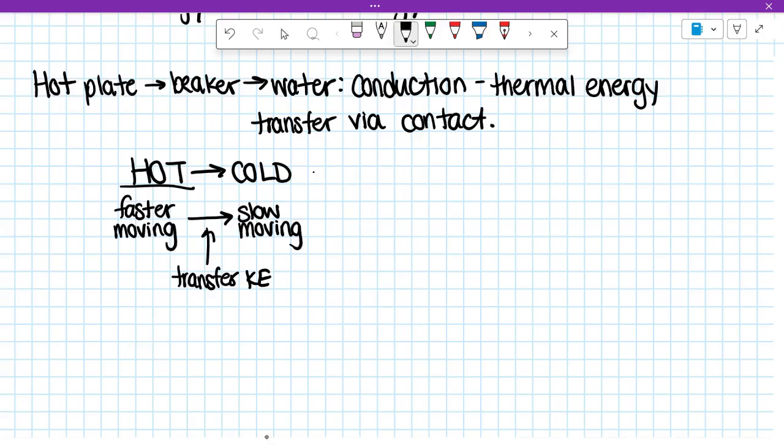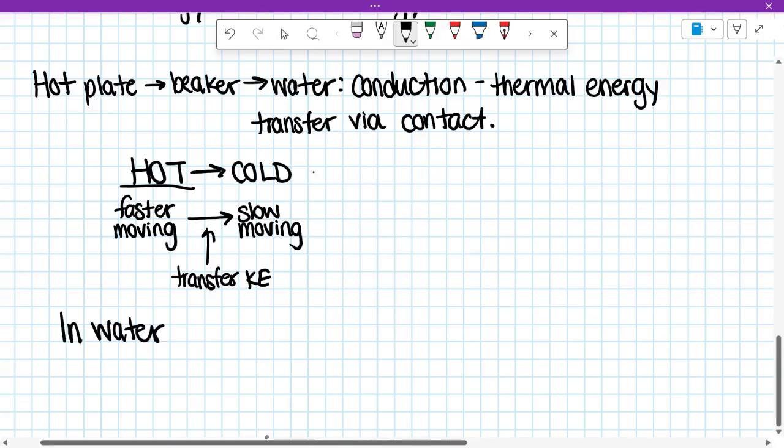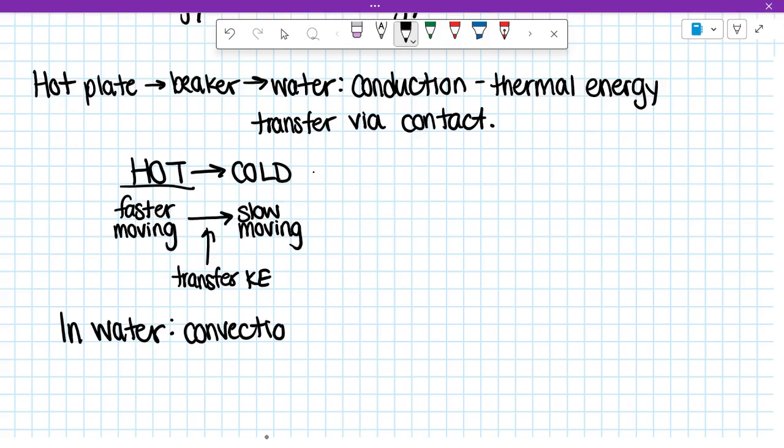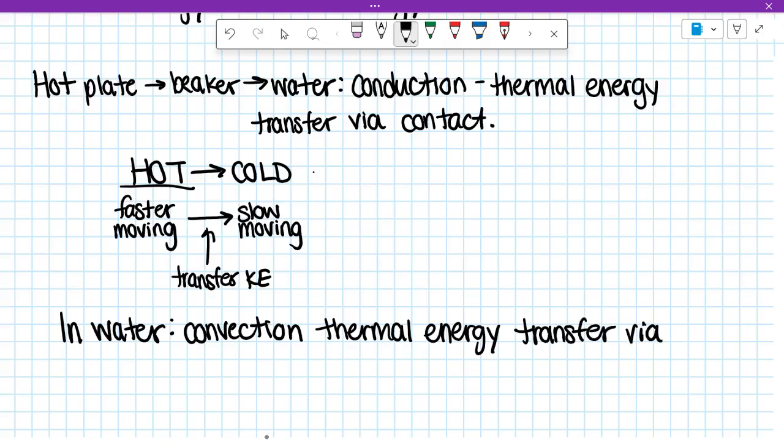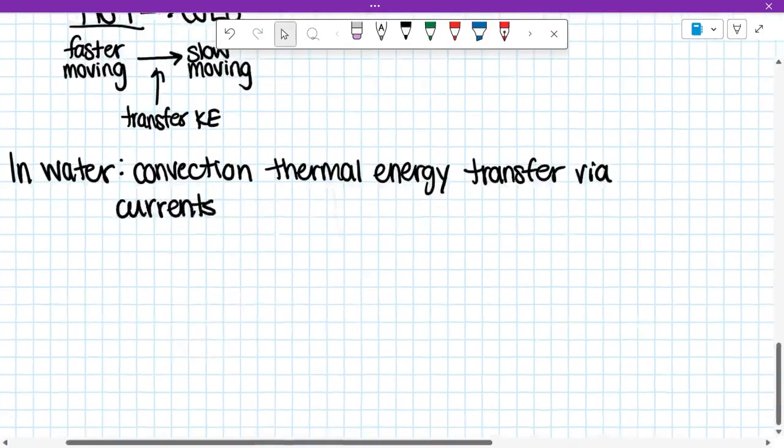So let's think about in the water. So within the water itself, we have convection, right? This is thermal energy transfer or heat via currents. Okay.